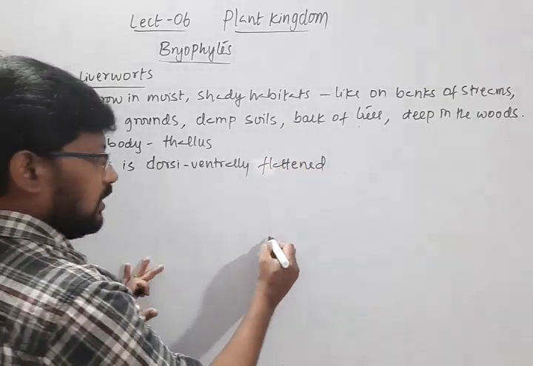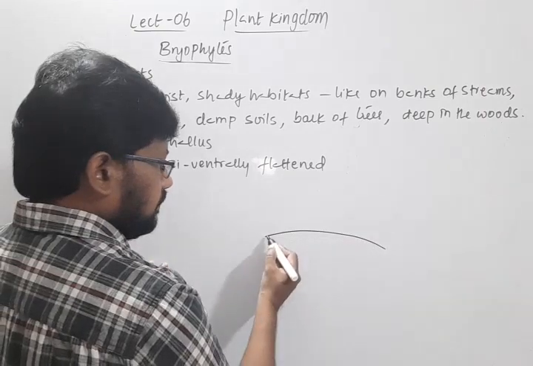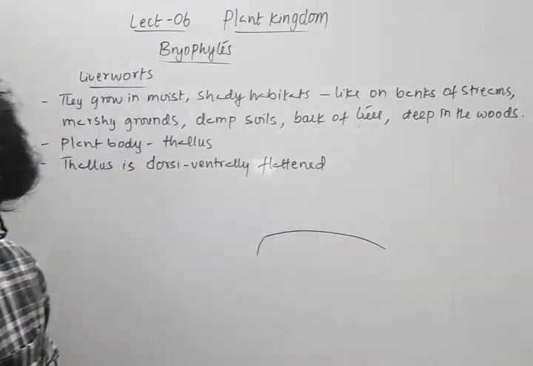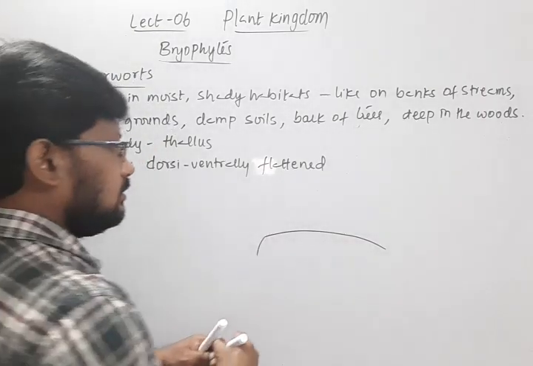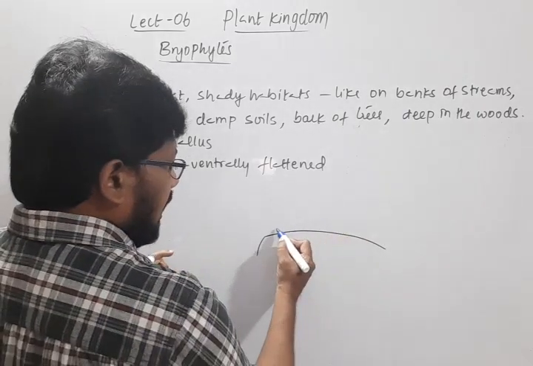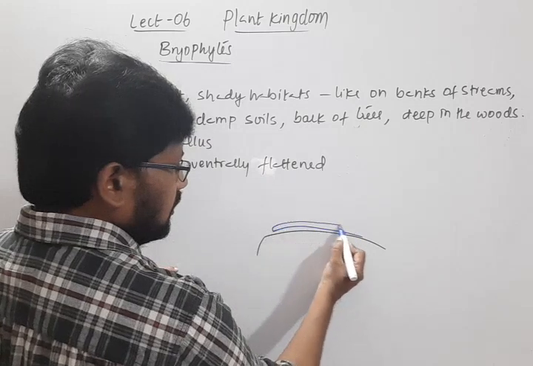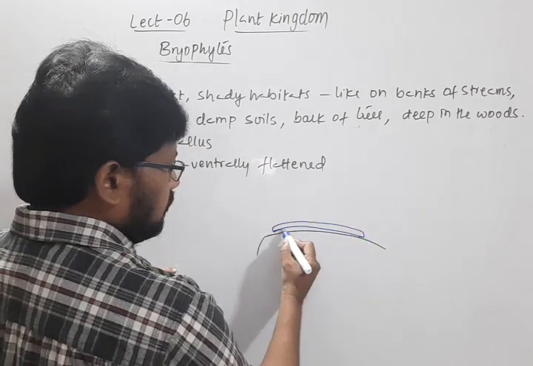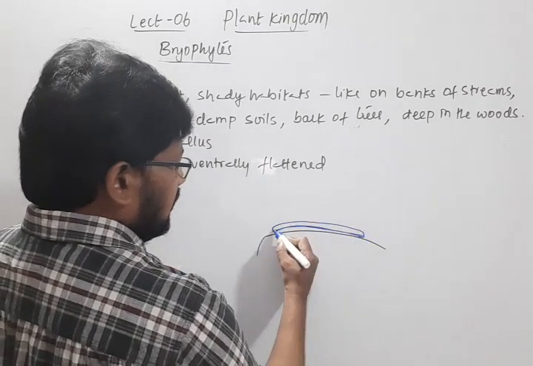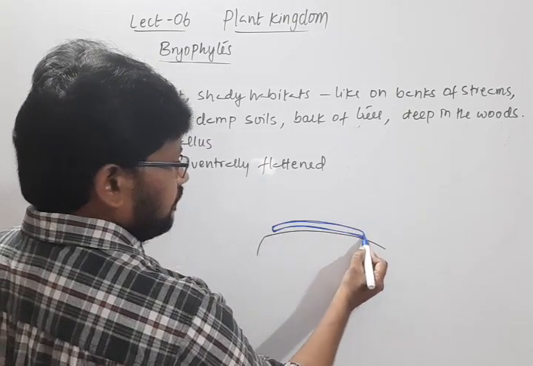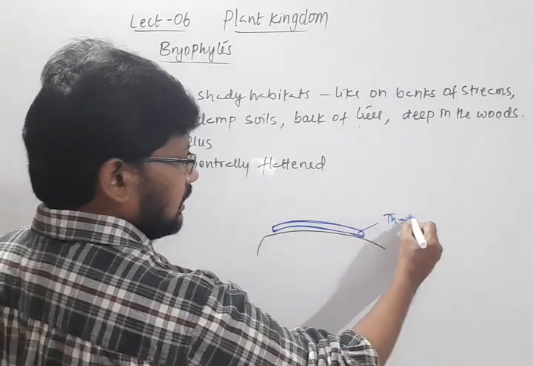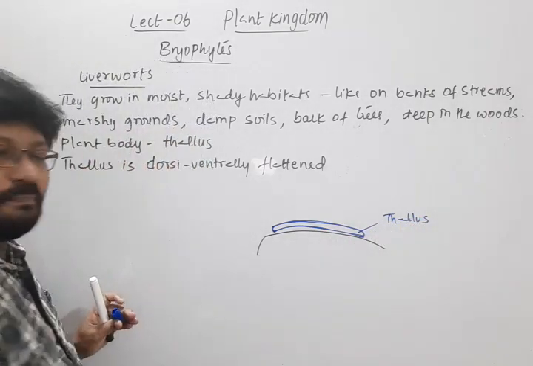If this is the substrate, we see the thallus growing on this substrate like this. You can see here, this is a flattened structure, and this is the thallus.